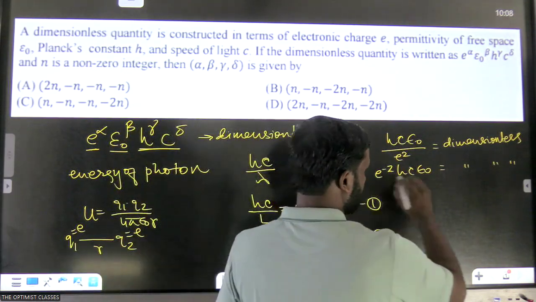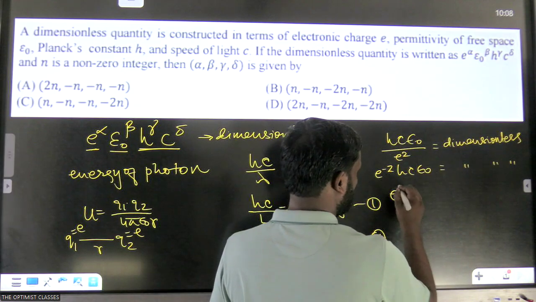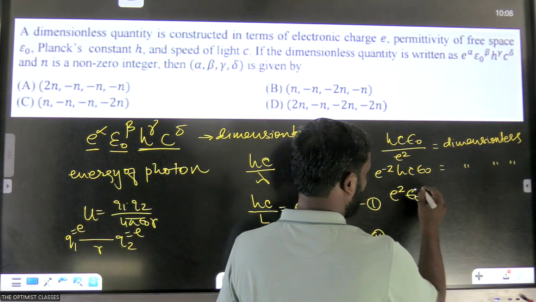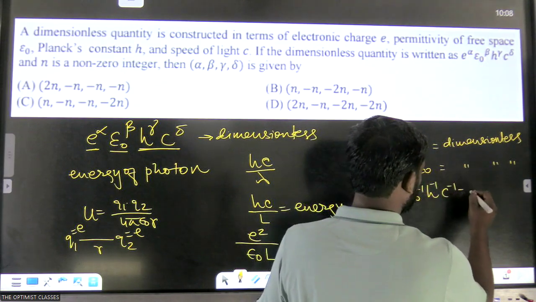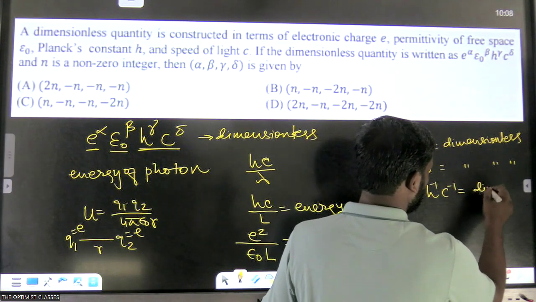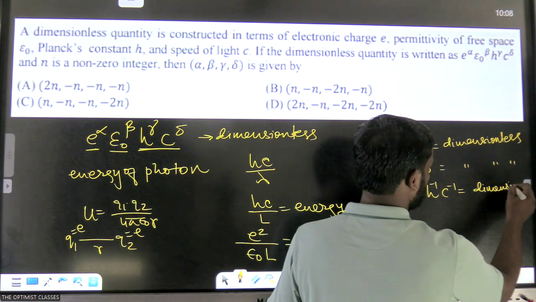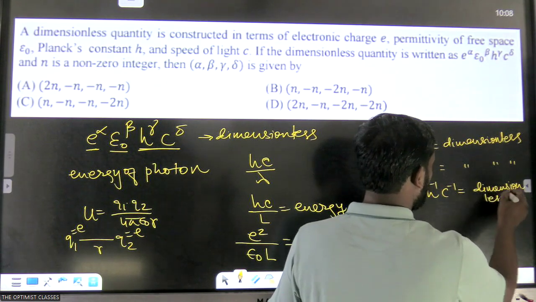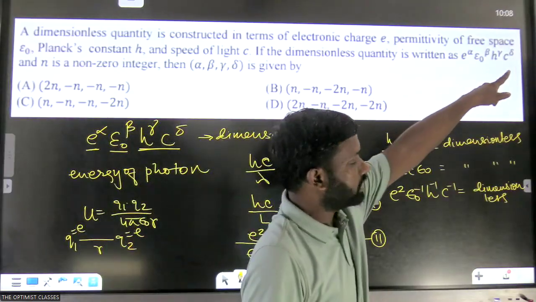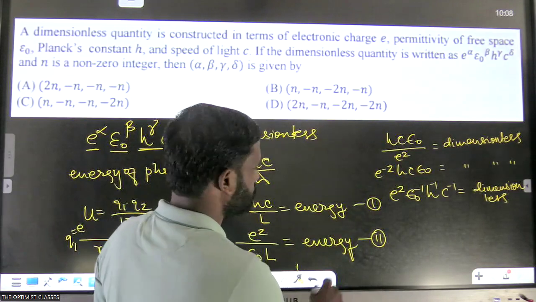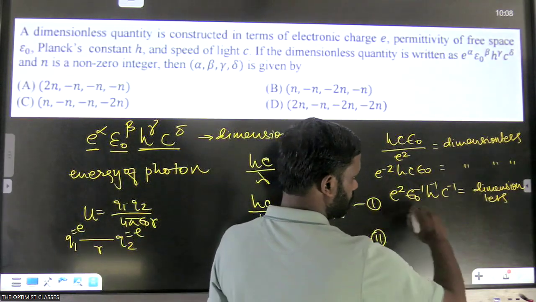Let us take power minus 1. It will become e to the power 2, epsilon naught to the power minus 1, h to the power minus 1, and c to the power minus 1. This quantity will also be dimensionless. Now let us take power n on both sides.